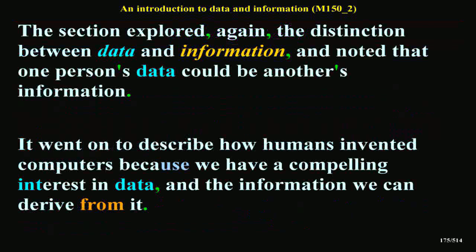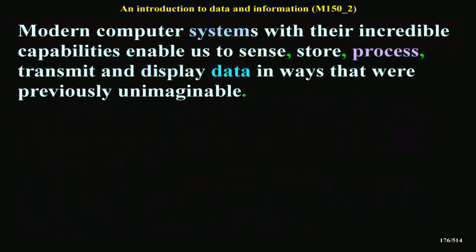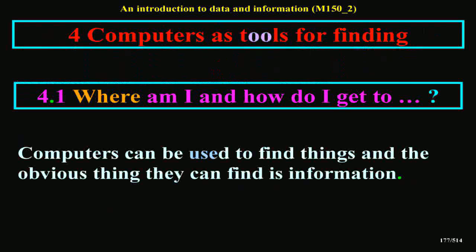It went on to describe how humans invented computers because we have a compelling interest in data, and the information we can derive from it. Modern computer systems with their incredible capabilities enable us to sense, store, process, transmit and display data in ways that were previously unimaginable.